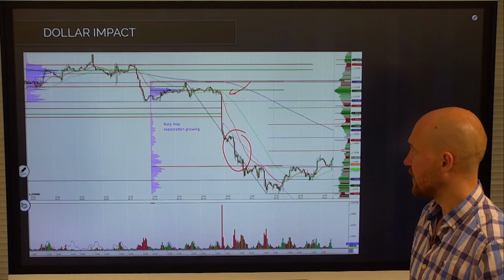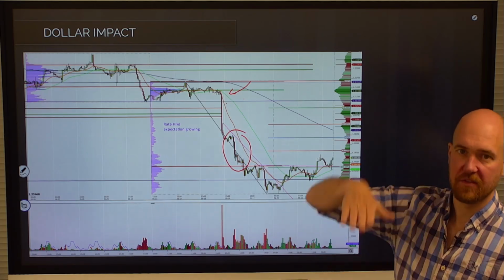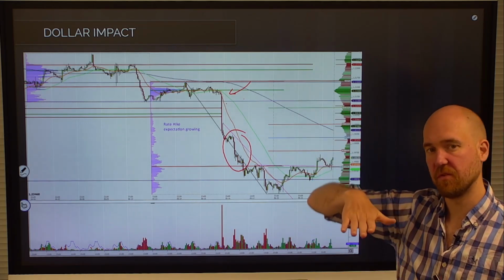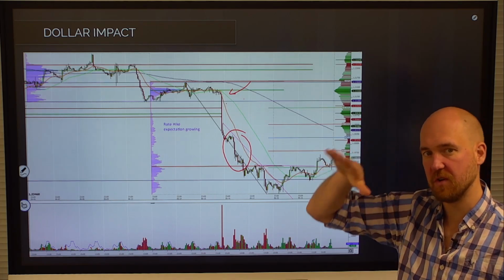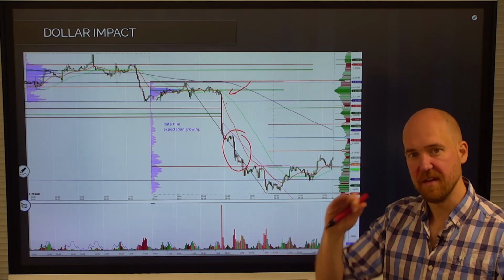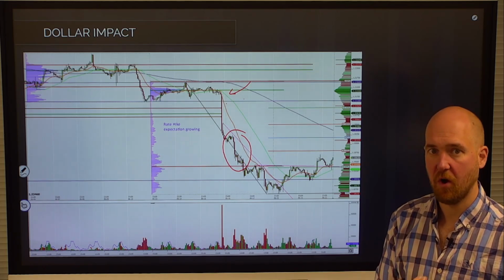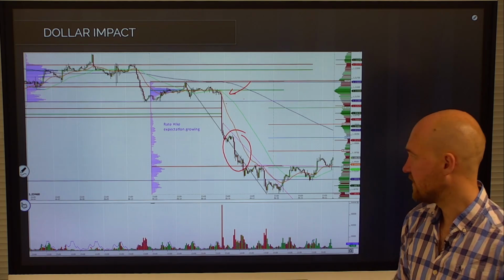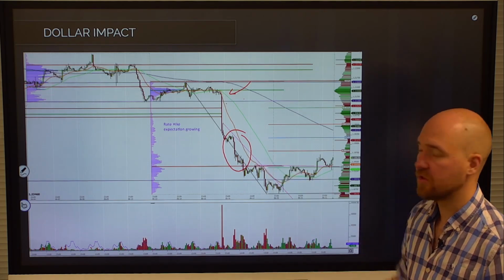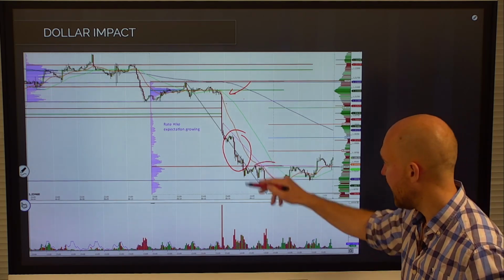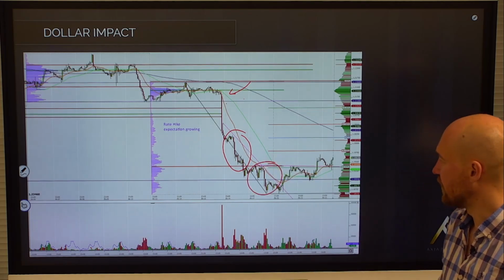The day after the Fed, you saw the T-note start to reverse. You saw the 5-year ticking back up and the 2-year stabilising at lower levels. This is the flattening part. This is then the pricing in of that rate hike over the next day or so, and hence why the dollar continues to strengthen and then continues to strengthen further.